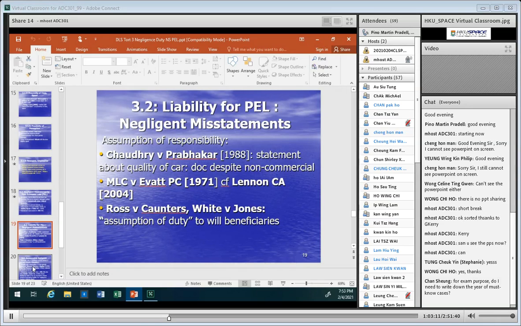Well, certainly it would have created a lot of tension between, I'm not sure whether a boyfriend or girlfriend in Chowdhury and Prabhakar, but I presume they're not boyfriend and girlfriend anymore after she sued him. Okay, well, it certainly would create tension between friends and relatives, and would make it potentially hazardous to give gratuitous advice.